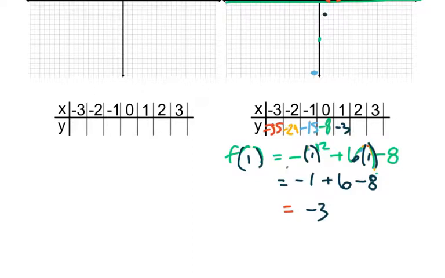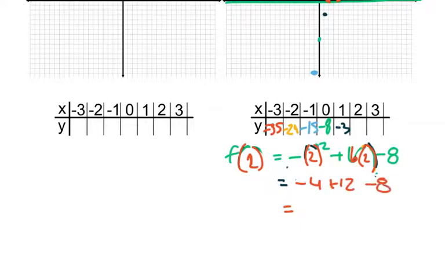Now I assume putting in a 2, because we just said that that's one of our zeros, will result in a 0, but let's go ahead and find out. If we plug in a 2, we get a negative 2 squared, so negative 4. And then 2 times 6 is plus 12, and then minus 8, and so that ends up being 0. So we do have that piece, 2, 0.